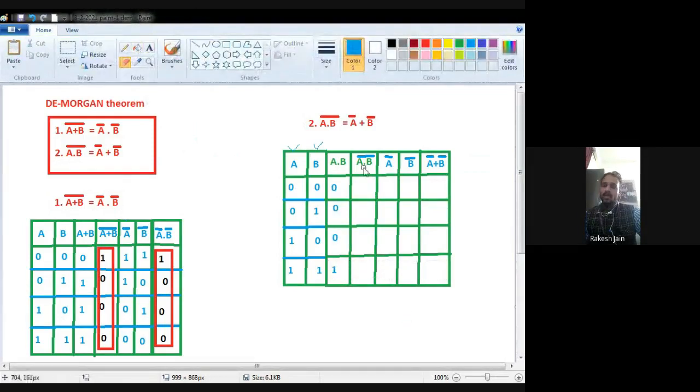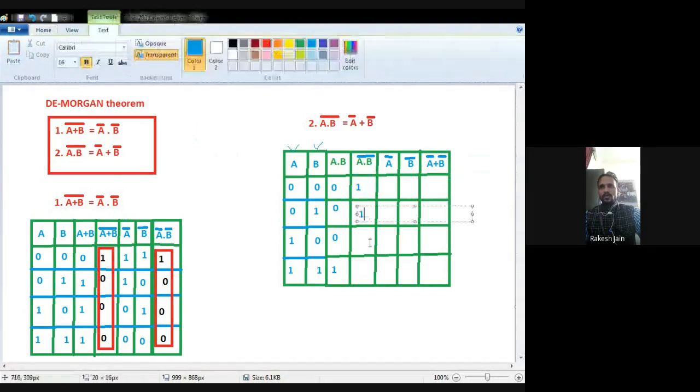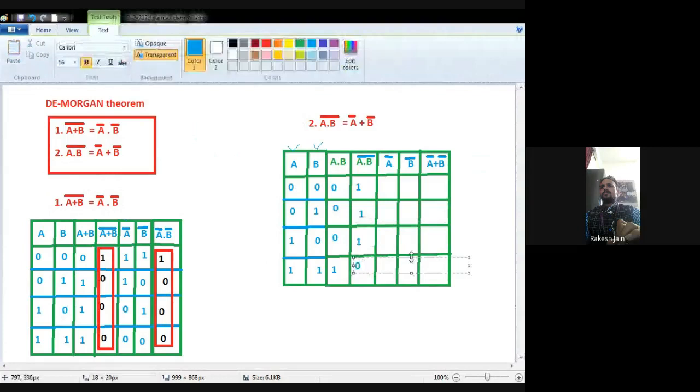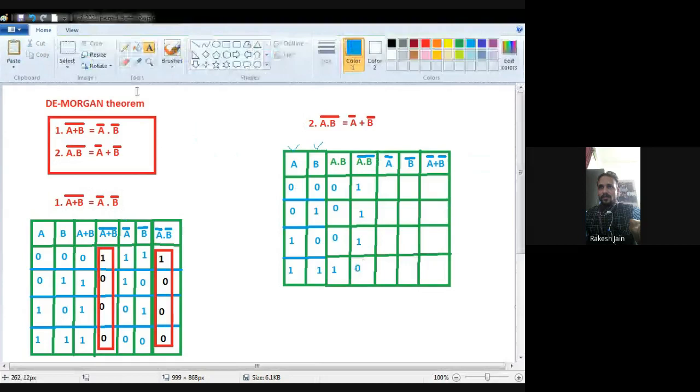So I require A dot B first. Then I require A dot B having a bar over there. Then I require A bar, then B bar, and then A bar plus B bar. Now I put the bar.